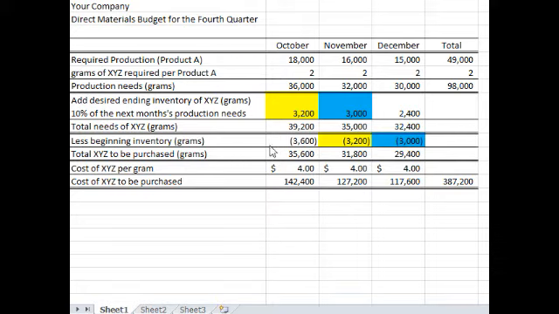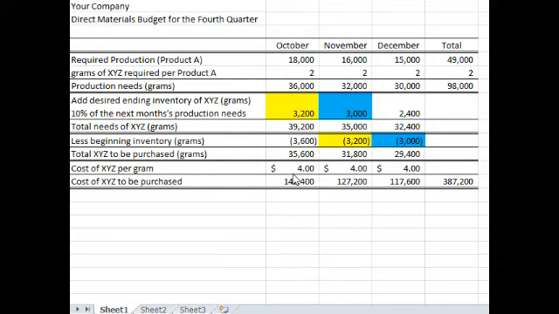So since we have the beginning inventory already sitting in our warehouse, we don't need that amount. So from the total needs, 39,200, we will deduct 3,600, and the remaining we need to purchase.